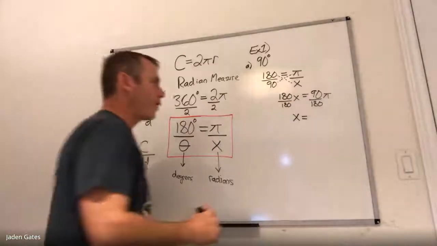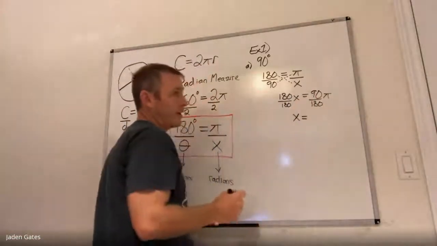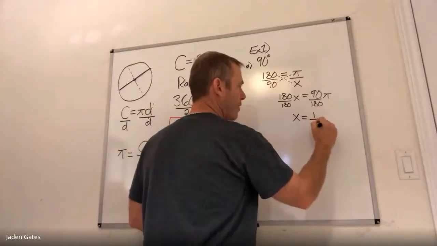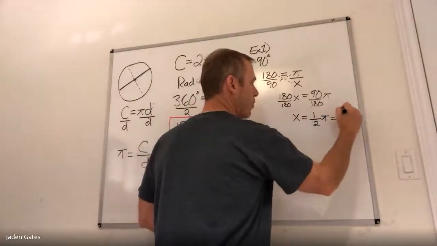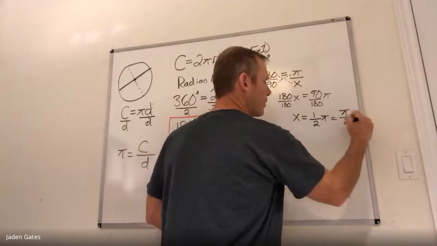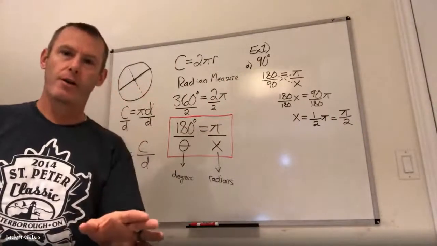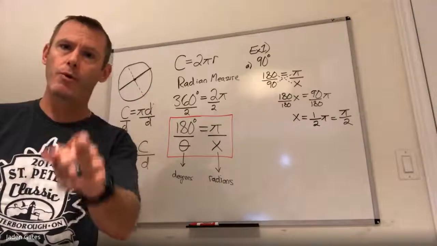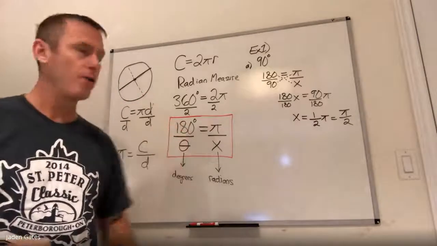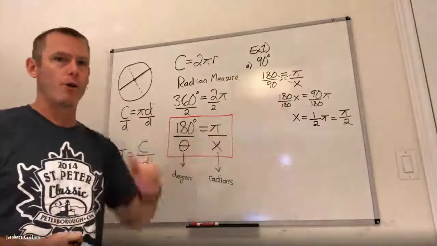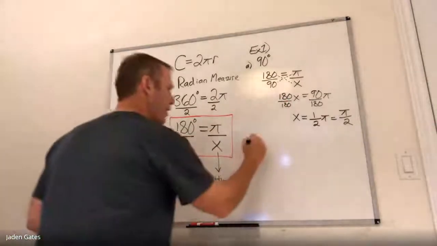If I reduce that fraction to lowest terms, 90 is half of 180, so this would be 1/2 pi, or as it's known, pi over 2. Often in radian measure, the pi is just left there, except for when we're solving, which we will get to, but not right now. So we leave radian measure as pi until we're solving.